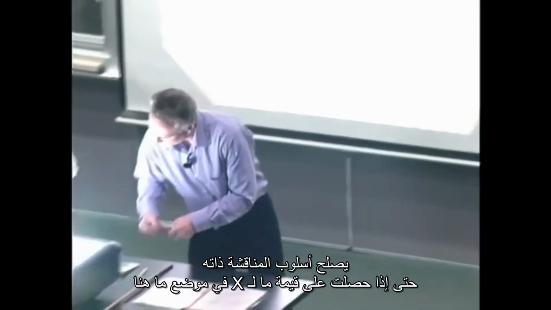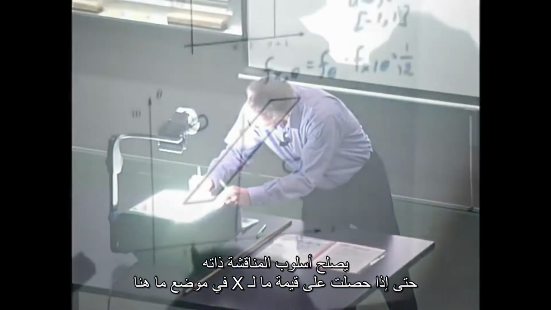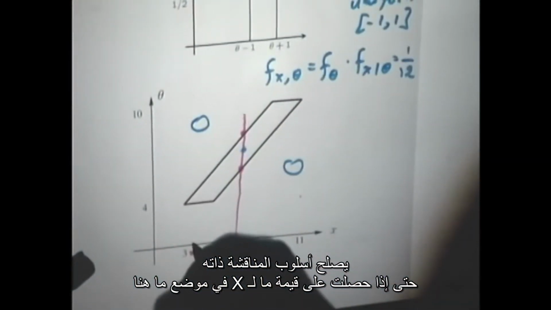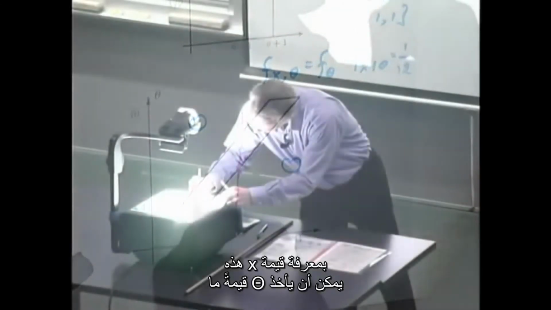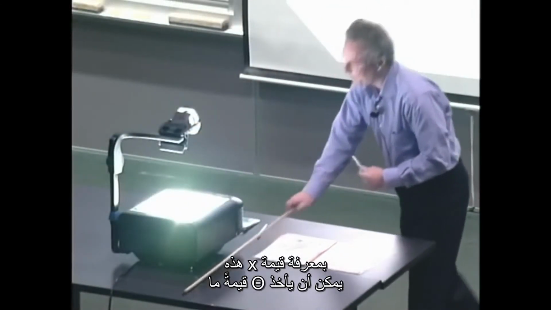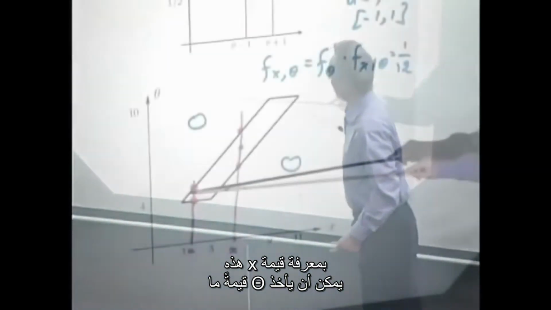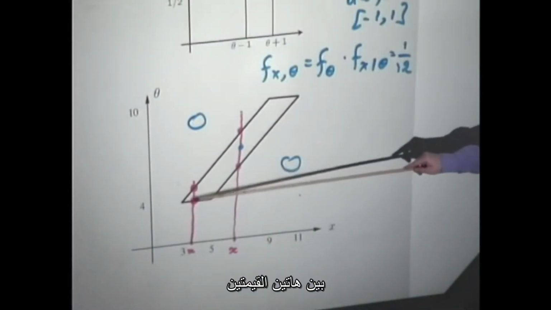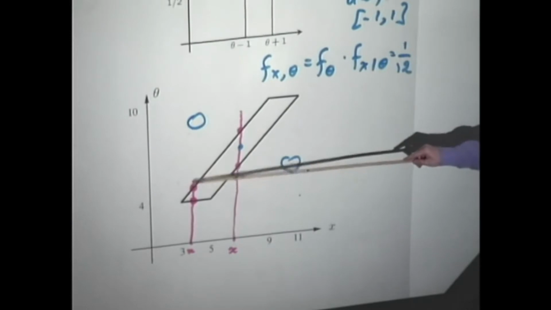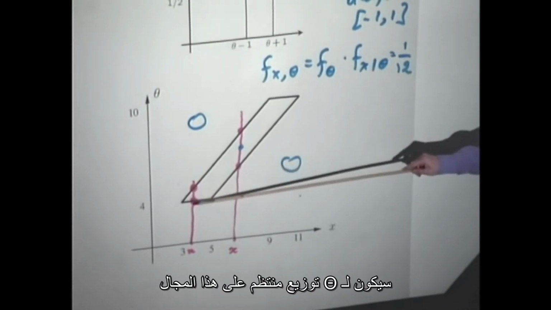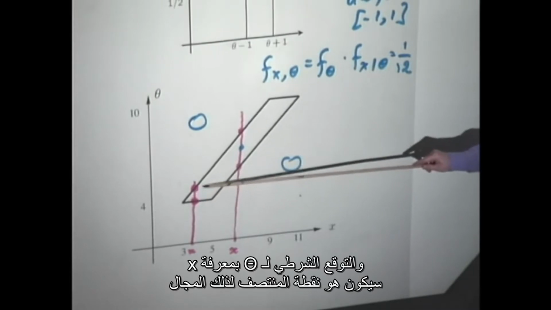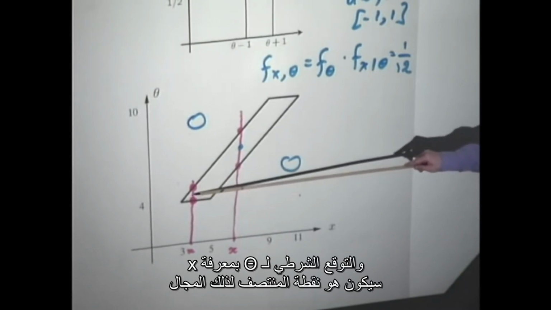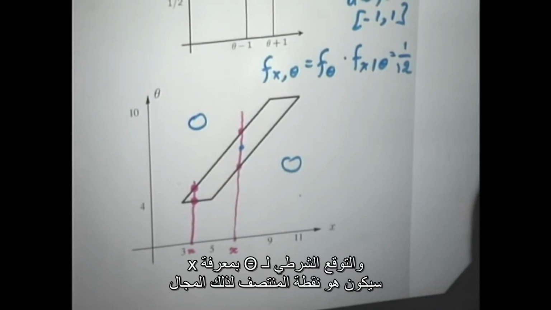The same argument goes through even if you obtain an x somewhere here. Given this x, theta can take a value between these two values. Theta is going to have a uniform distribution over this interval, and the conditional expectation of theta given x is going to be the midpoint of that interval.